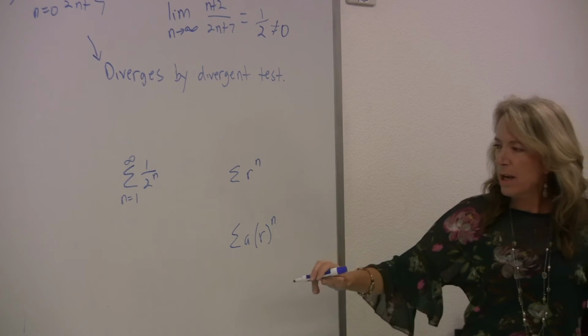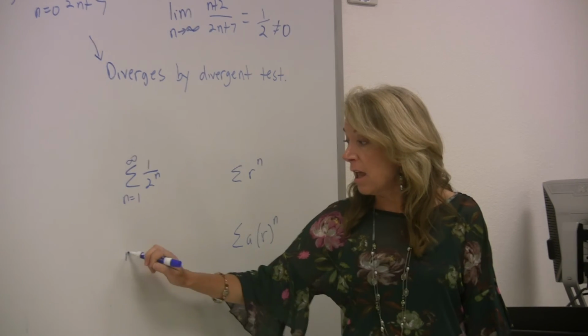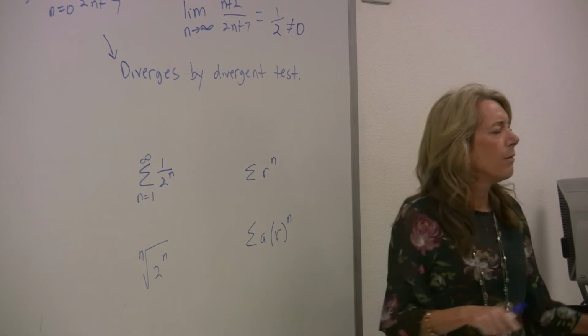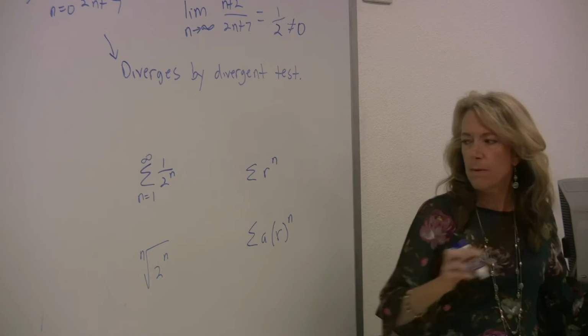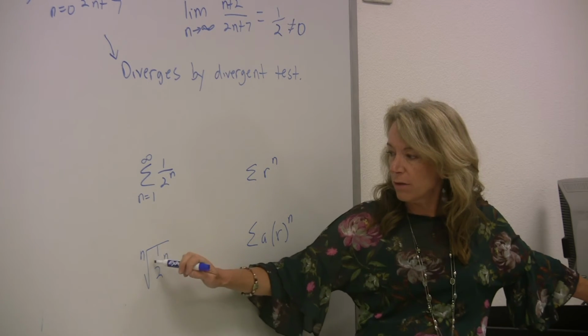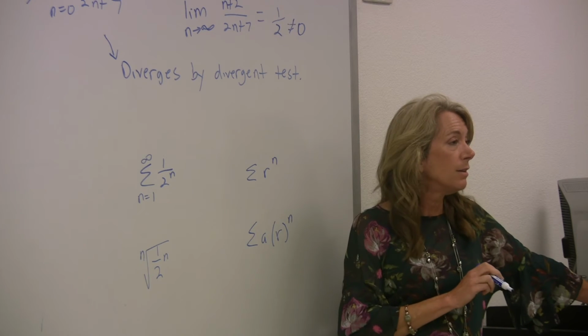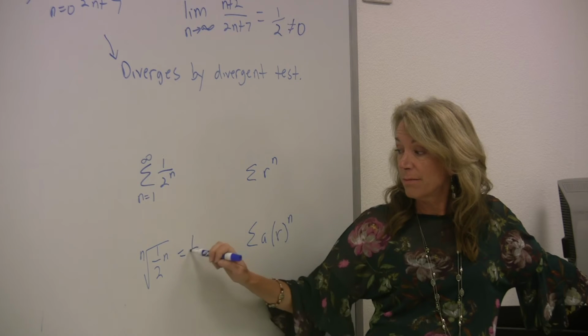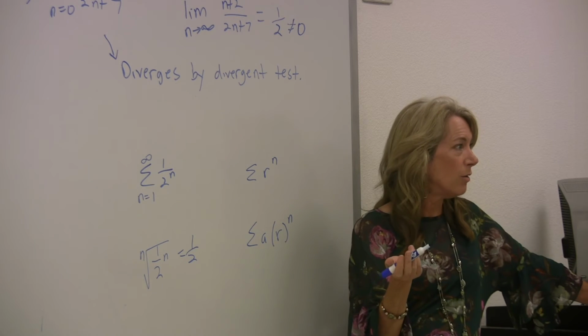What happens when I take the nth root of this, the 1 over 2 to the n that Mike gave us? It'll equal 1/2, right? It gives you that ratio.